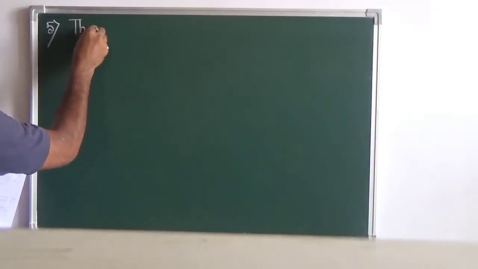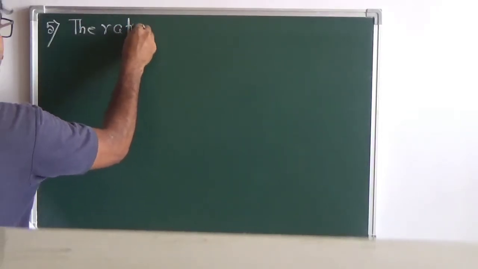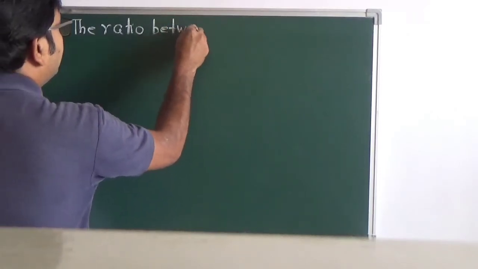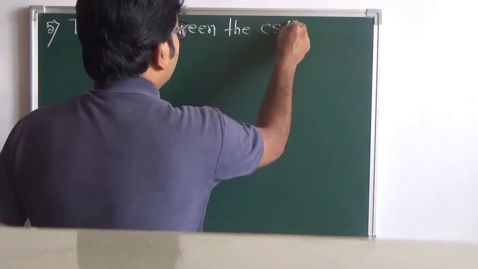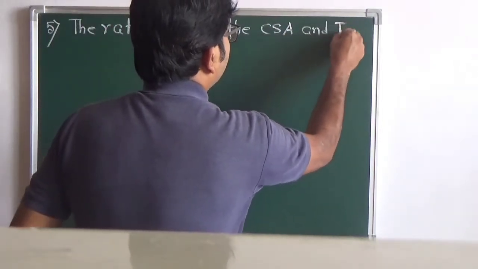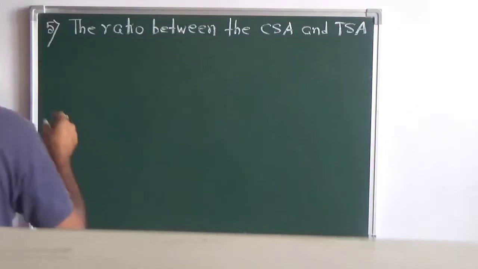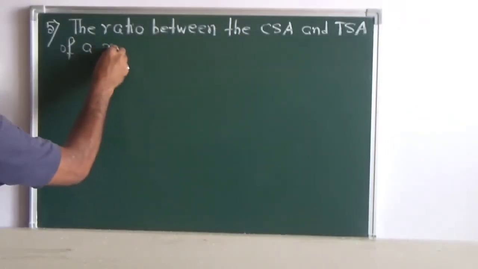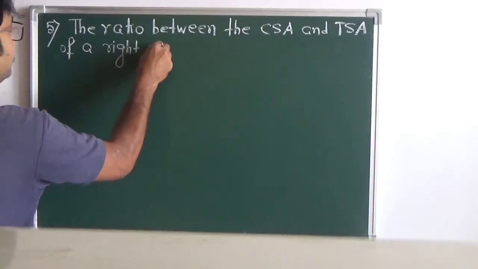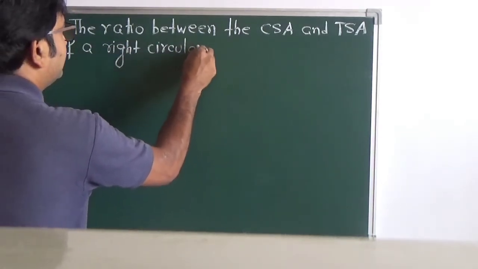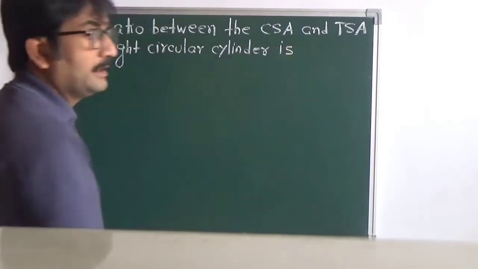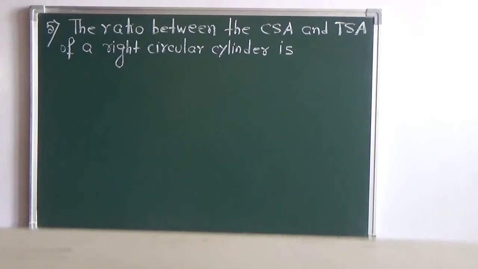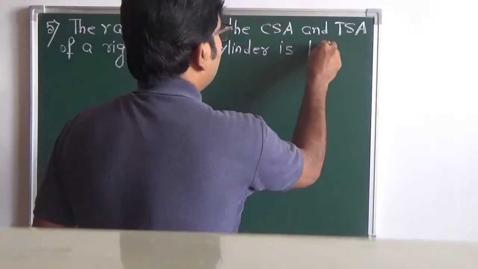The ratio between the curved surface area and total surface area of a right circular cylinder is 1:2.